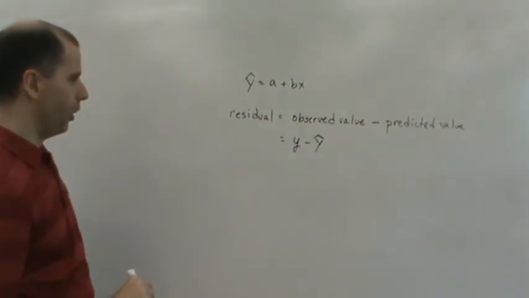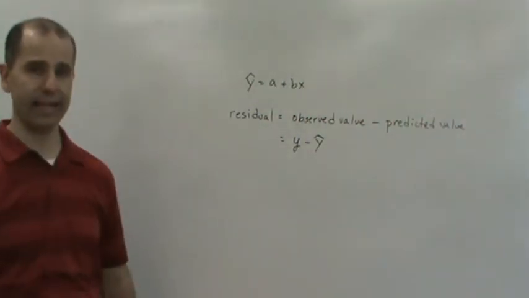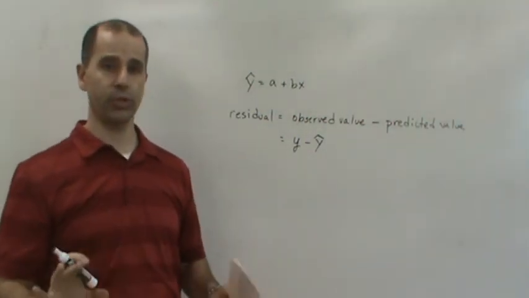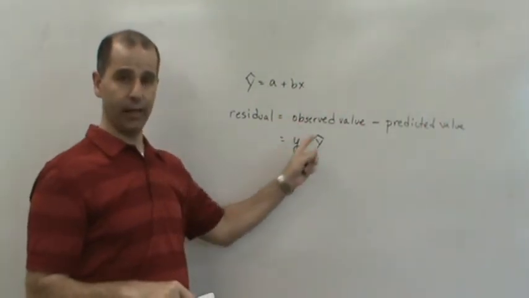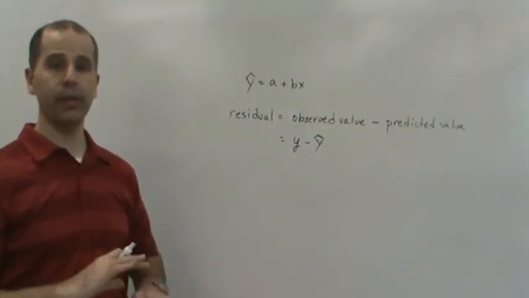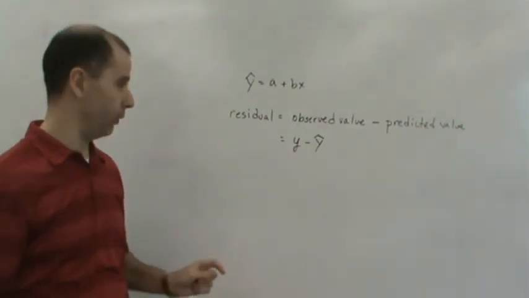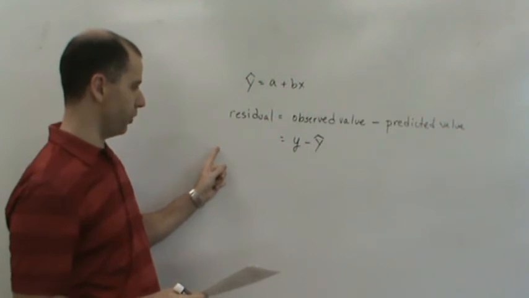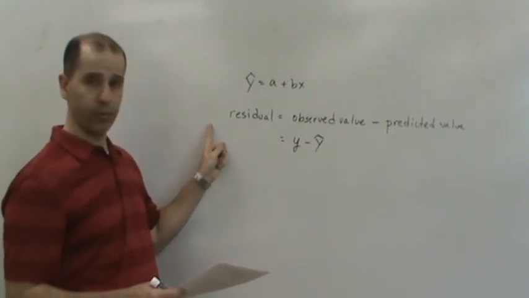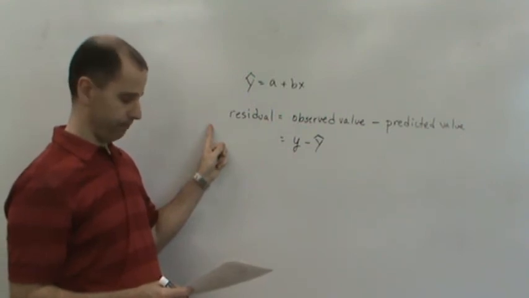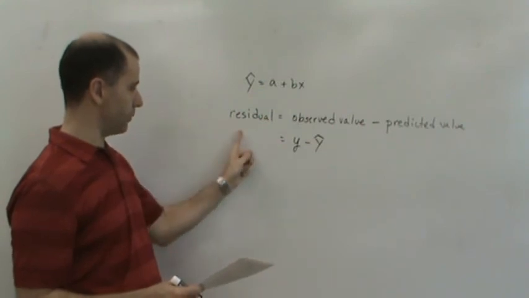If you measured all the residuals from the data, there should be no pattern to them. If we do what's called a residual plot, a plot of the residuals, it's going to be centered around 0.